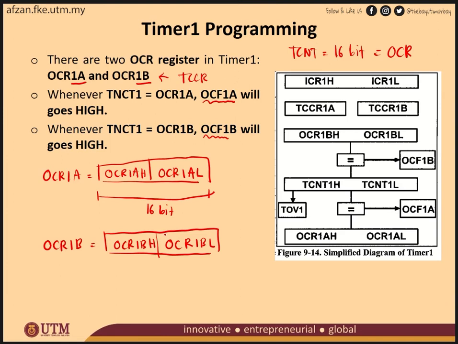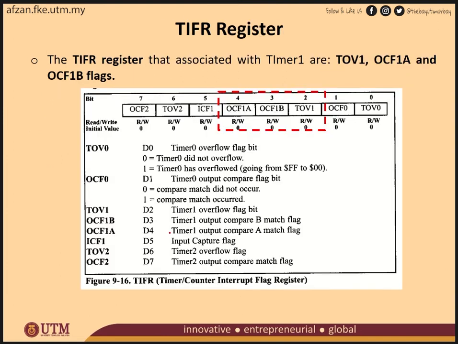The flags in the TIFR register associated with timer 1 are TOV1 if you are using normal mode, while OCF1A and OCF1B are the flags if you're using CTC mode.